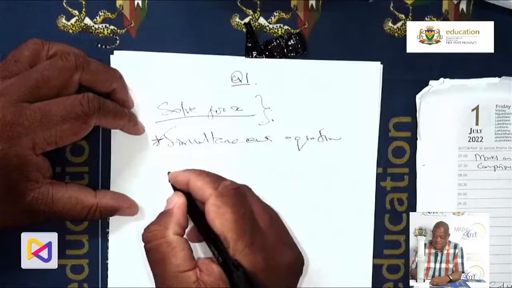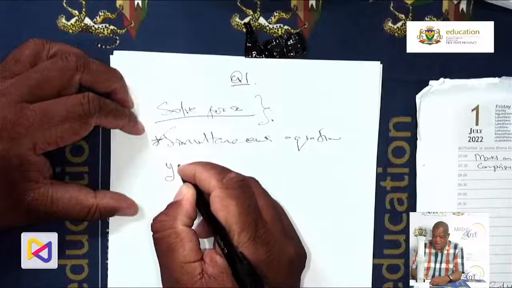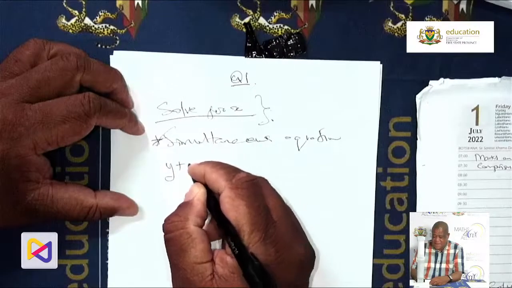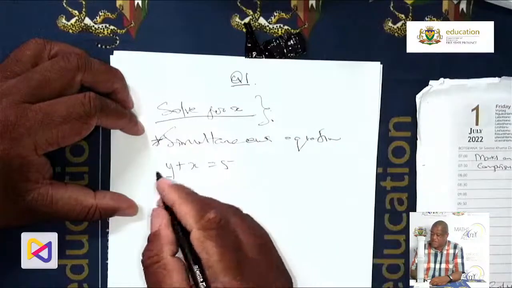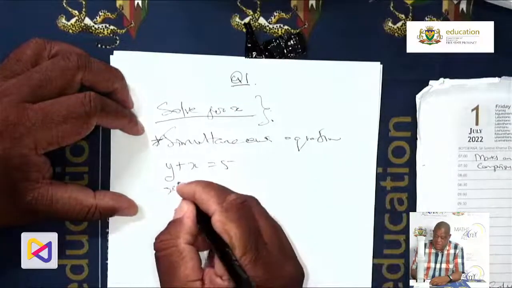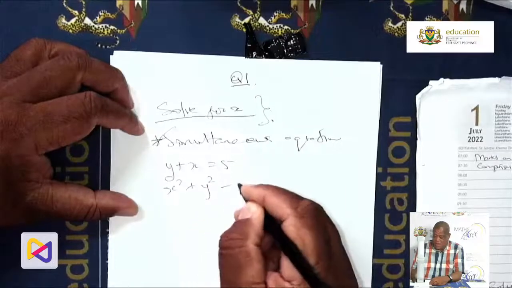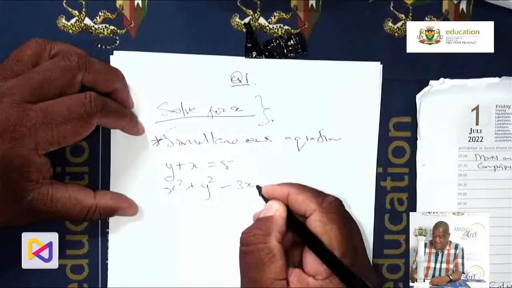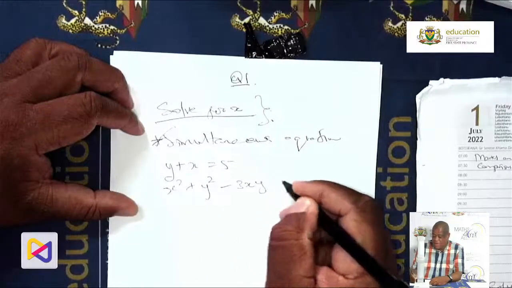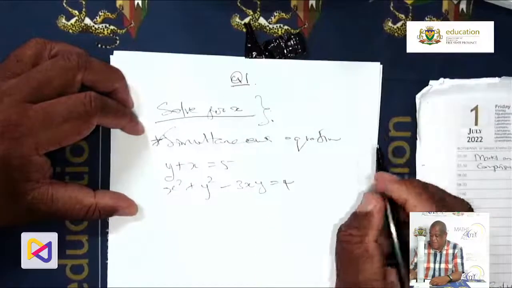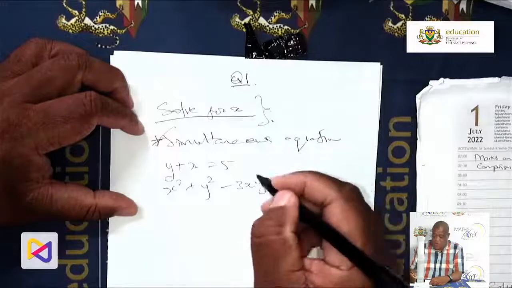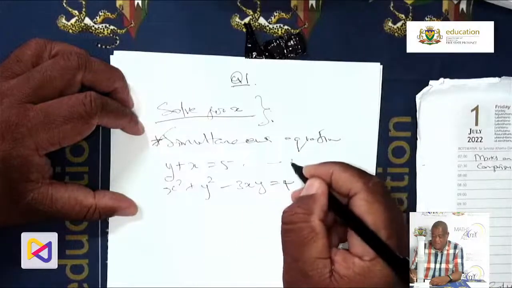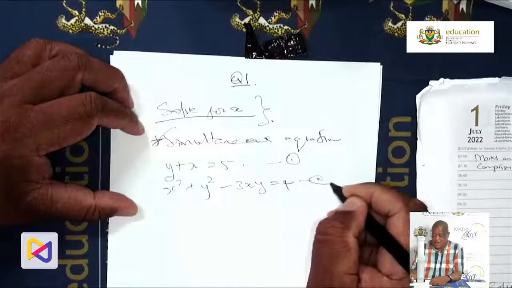then you substitute. Let's assume that you have y plus x equal to 5, and the other equation may be x squared plus y squared minus 3xy equal to 4, something like that being given. With 2 equations, you take the first equation, and this one is the second.